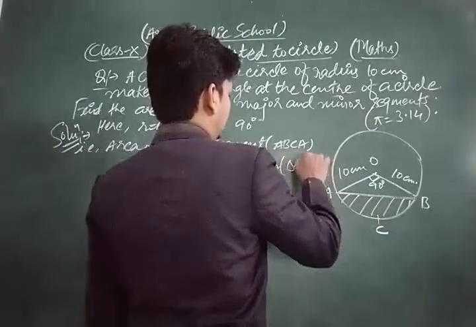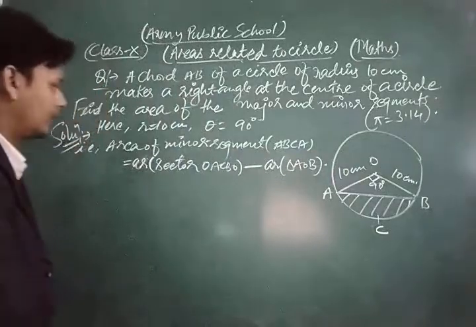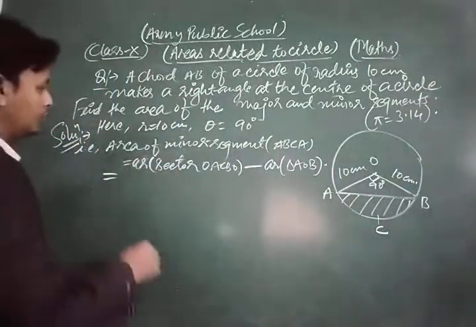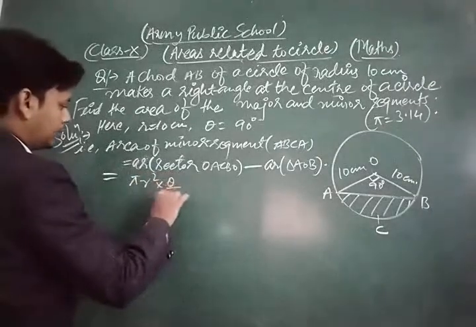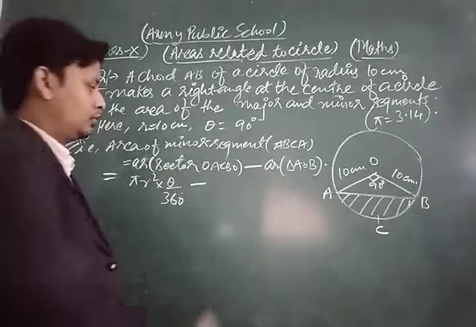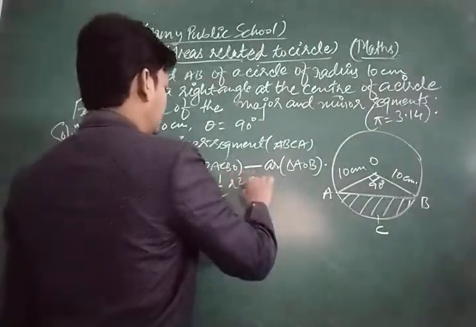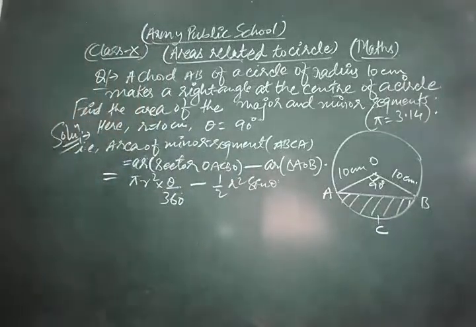Now area of sector is, you know, pi r square into theta upon 360, minus area of triangle AOB, you know the formula, 1 upon 2 r square into sin theta. This is the formula for that.